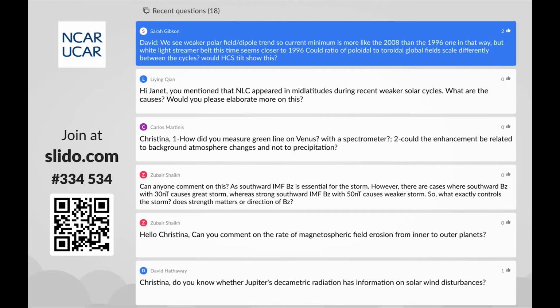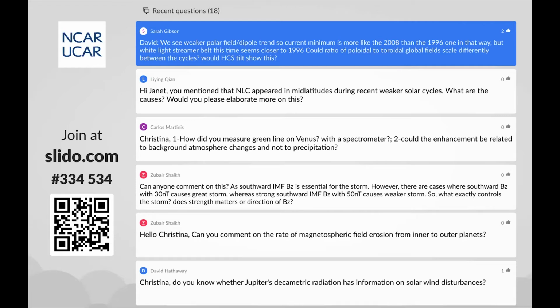It's well known that these recurrent high-speed streams occur at the declining phase of every single cycle, and it's just due to the fact that late in the cycle, sunspot activity moves to low latitude.